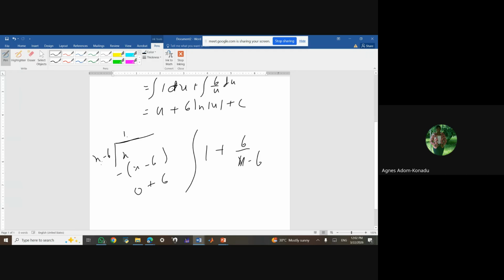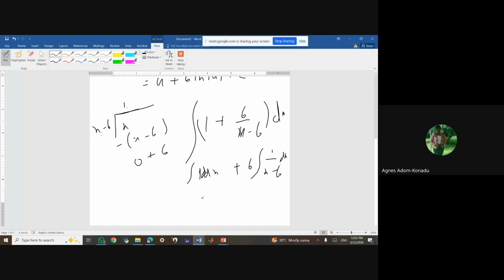So when you integrate this dx, this will give you the integral of 1 dx plus 6 times the integral of 1 over x minus 6 dx. We know that this will give me x plus 6 ln|x minus 6|, all plus c.